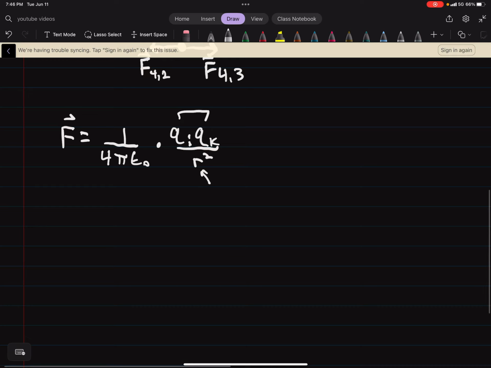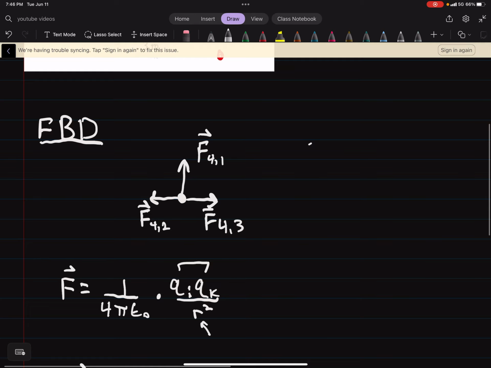Okay, so if we want to find the sum of all forces, that's equal to 1 over 4 pi epsilon naught. And then we can start with the first one.